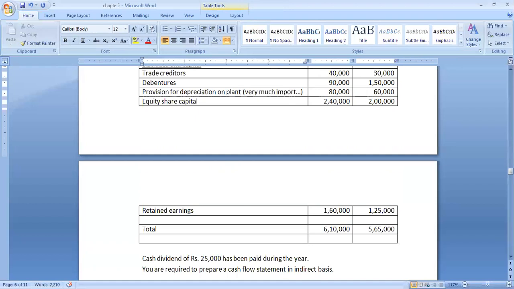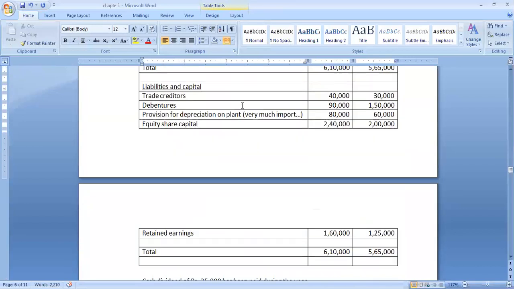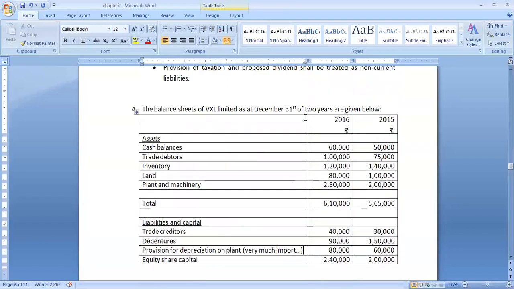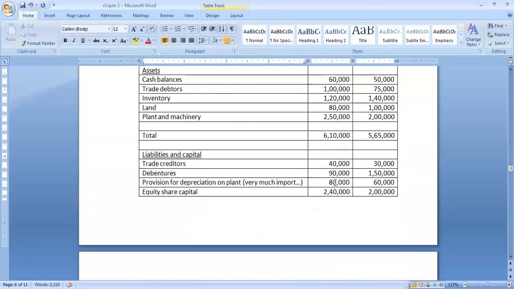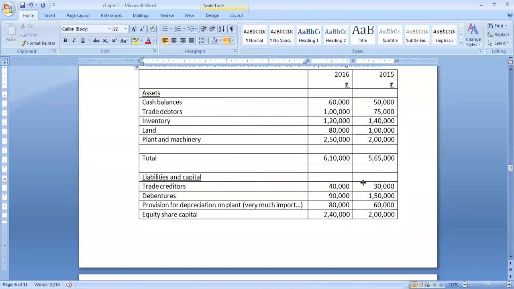Provision for depreciation on plant is given here in the balance sheet. If it is given in the balance sheet, make sure whether there is any rise or any reduction in the value of the depreciation of the plant, whichever is given here.